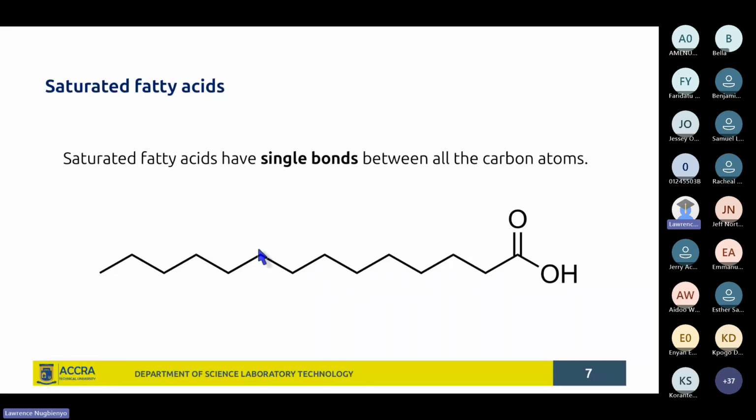And so here you see there are no double bonds. Every bond between carbons is single. You have seen these structures before, so I think you understand.